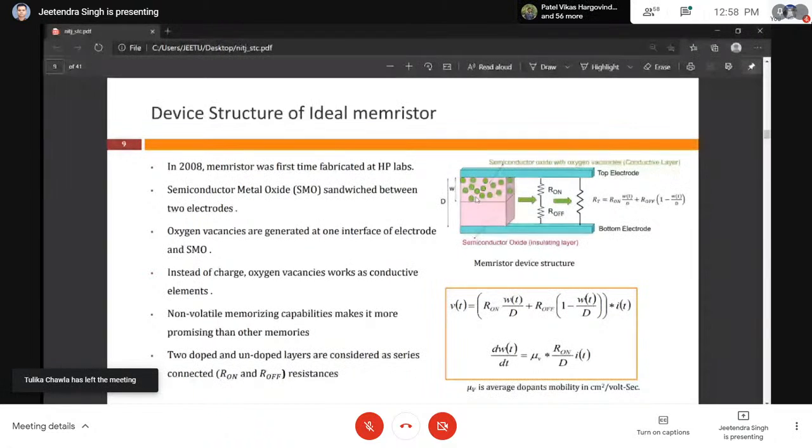So the resistance of this layer can be considered as R on, which is position dependent.